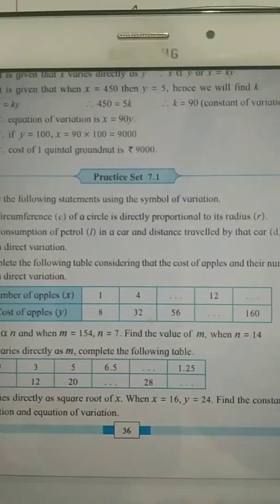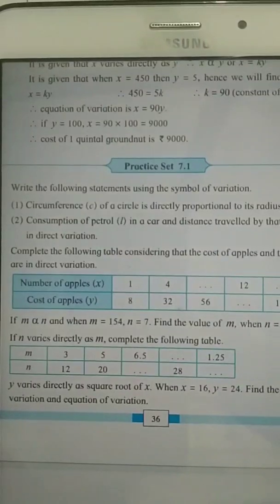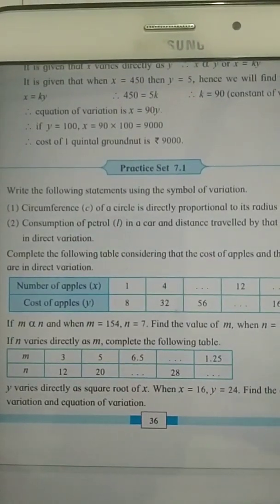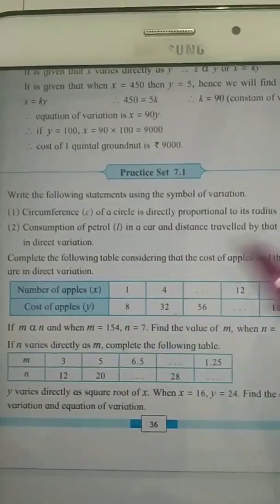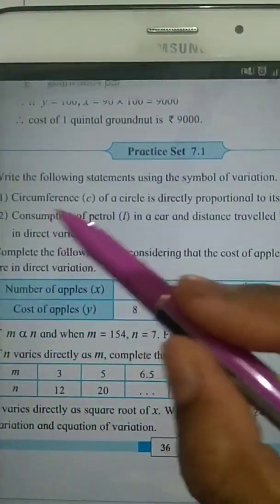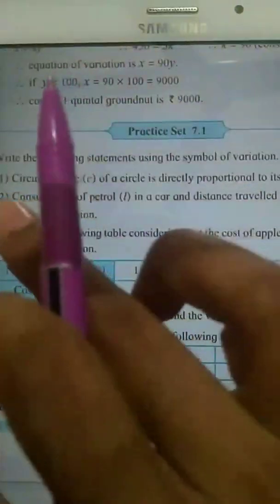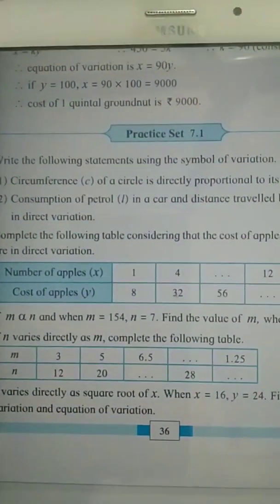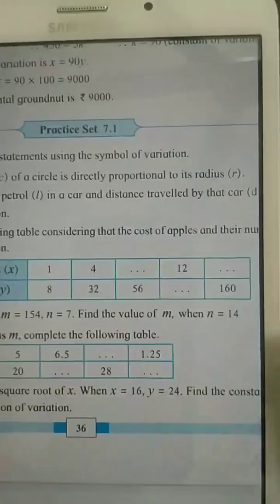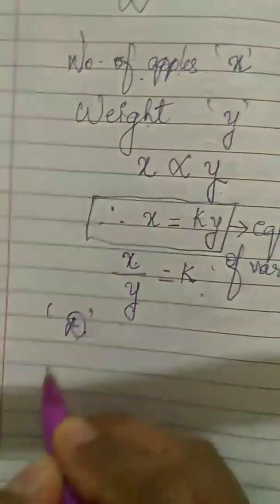Circumference of circle is, now here they have already given, directly proportional. So you just have to write it using the symbol. They have denoted circumference by C and radius by R. So how will you write it in symbol?